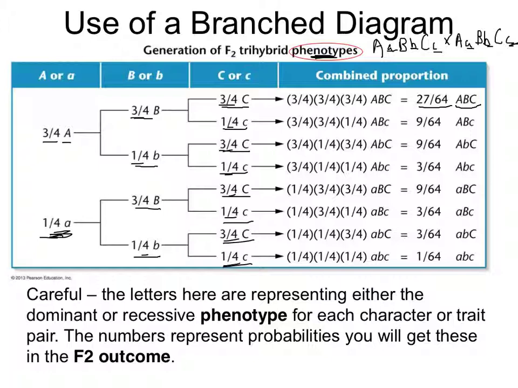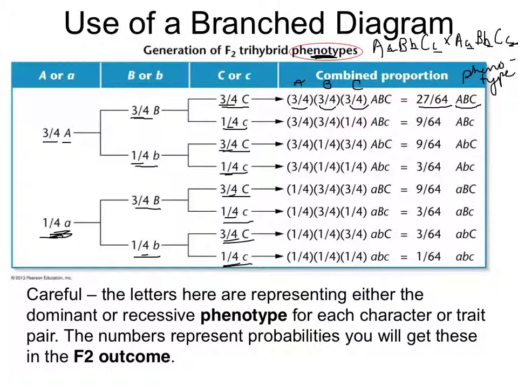So here we see this equation, 3/4, 3/4, and 3/4. This is what was associated with A, this is what was associated with B, and this is what was associated with C. This figure is maybe a little bit misleading, because this column applies to phenotype.